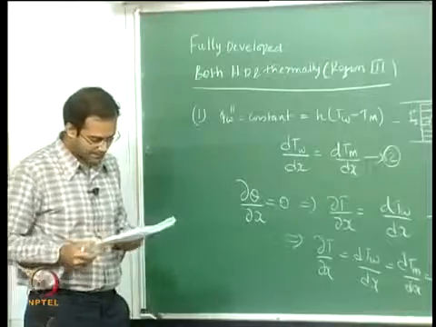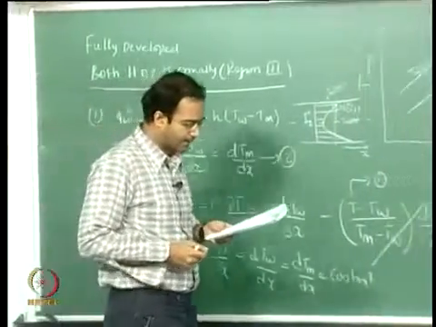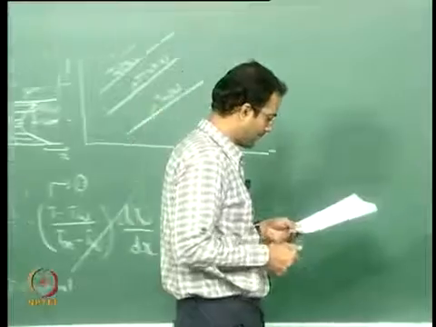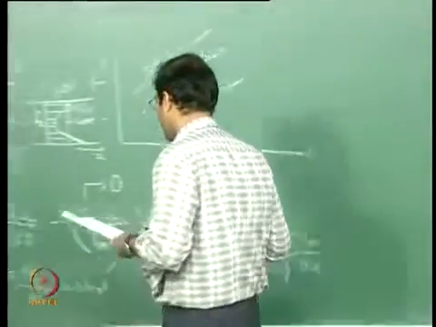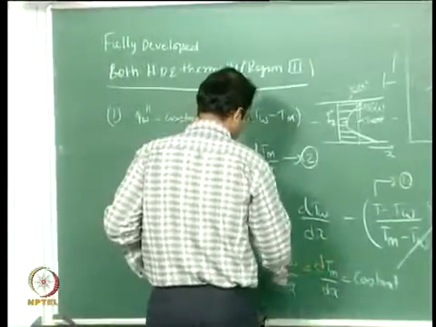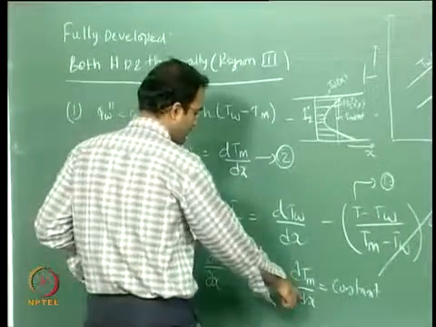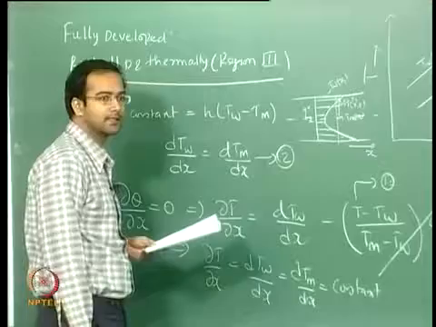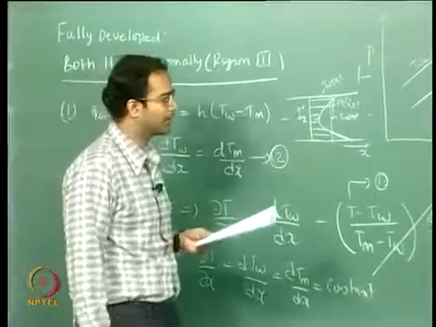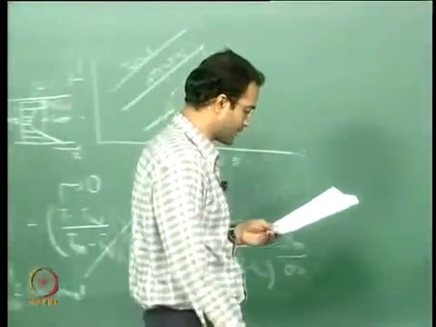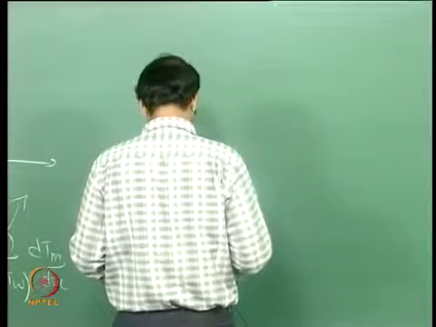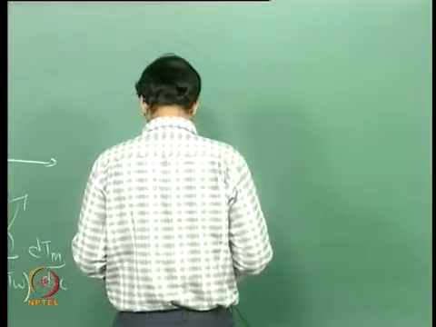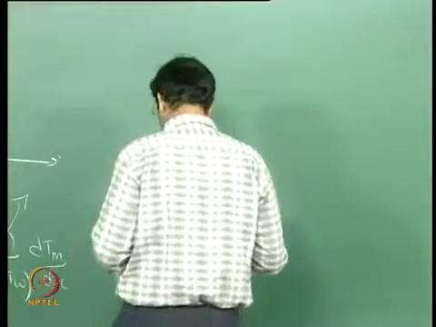Now having seen this, we wanted to calculate the temperature profile itself. If you substitute the fact that dT by dx is a constant, equal to dT wall by dx or dTm by dx, into the energy equation, it becomes much easier to integrate the energy equation directly.